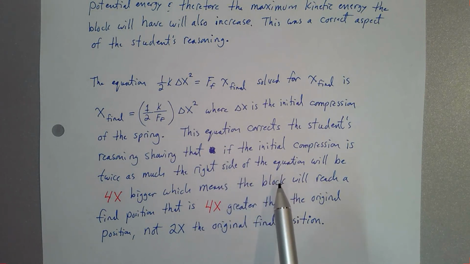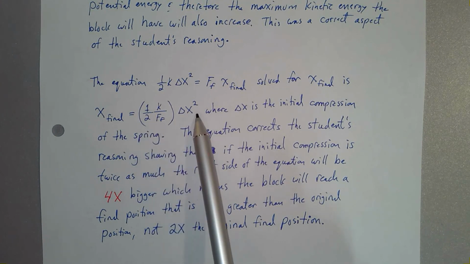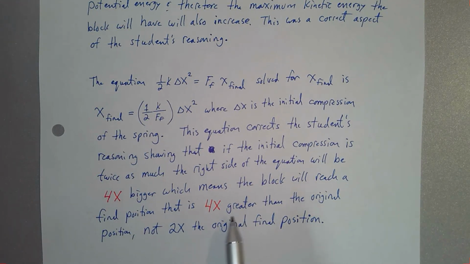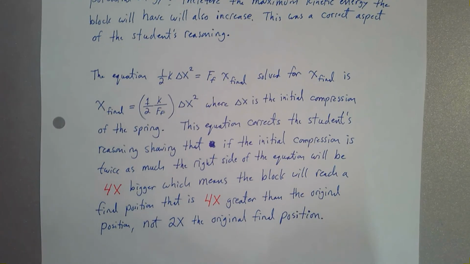If the right side of this equation gets 4 times bigger, that means the left side of the equation also has to get 4 times bigger, which means the block is going to reach a final position that is 4 times greater than the original position, not 2 times the original final position that the student initially reasoned.